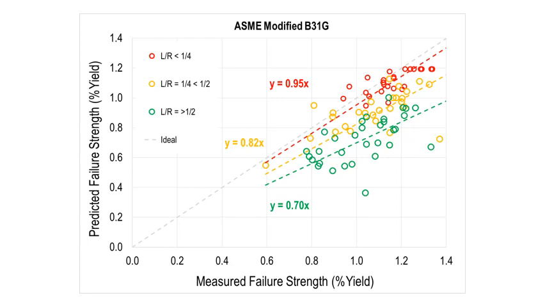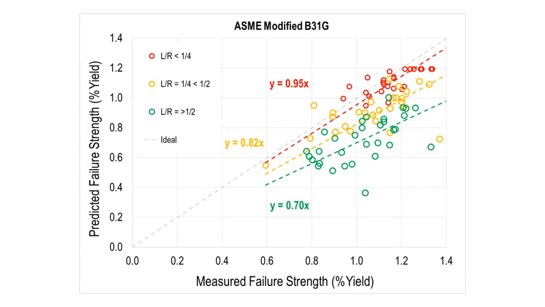Turns out that works out fairly well. If I take all the shortest of the flaws that I have in my data set, which I've defined here as length divided by radius of less than 1/4, and I plot those all in red, those all turn out to be, relatively speaking, fairly accurate predictions by modified B31G.